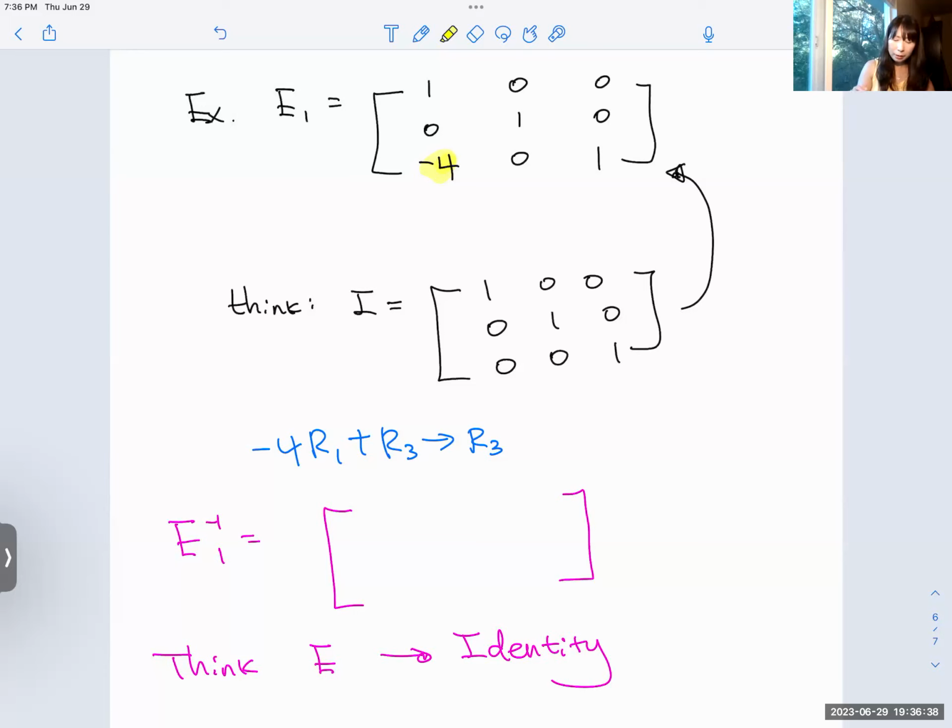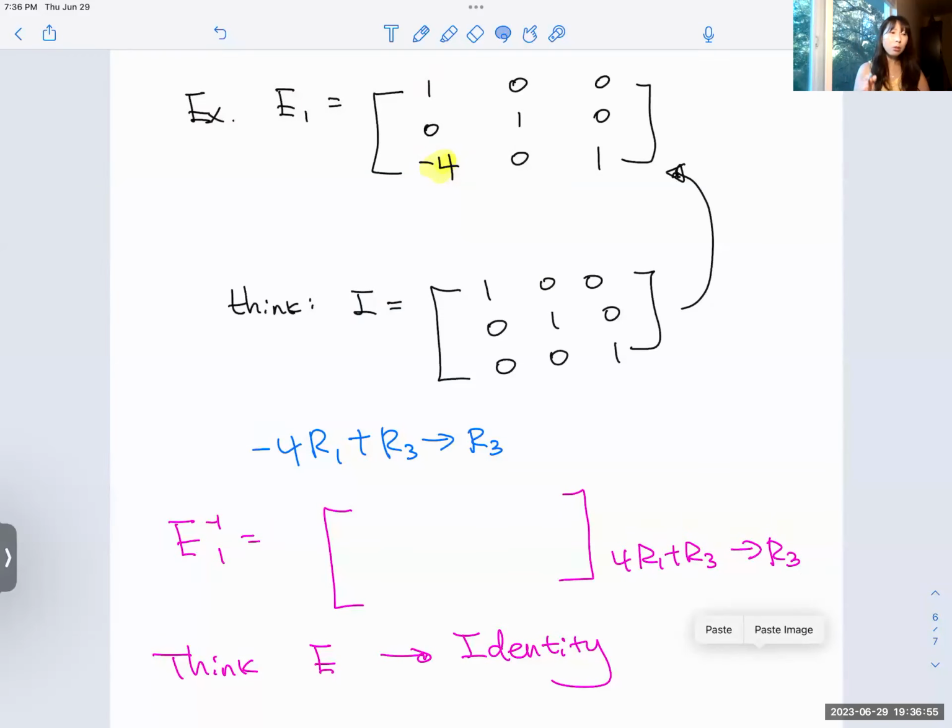So we will get, 4 row 1 plus row 3 to make row 3, right? Yes.